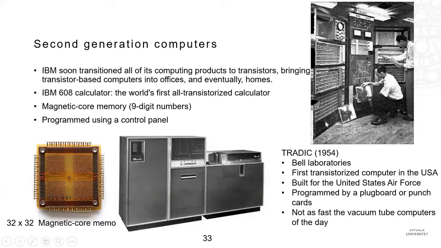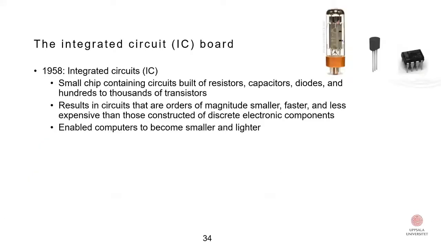So you see this computer, I think he is programming it by plugging and unplugging stuff on the plug board. The other way was to pass the program to it using punch cards. TRADIC was not as fast as the vacuum tube computers of the day.